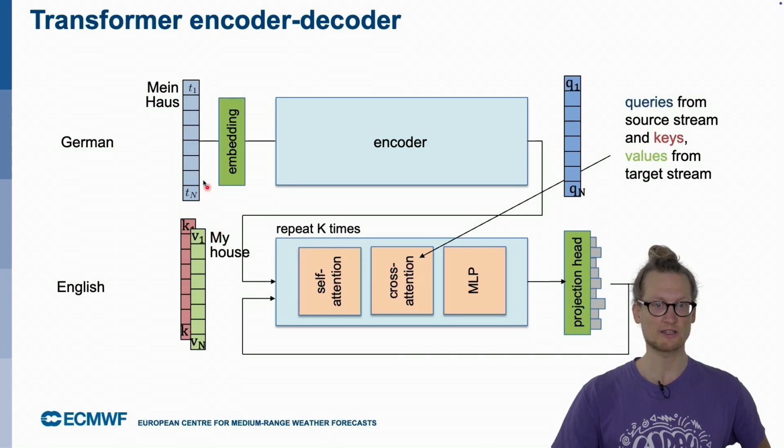You would find the link between "mein" and "my" by just taking the queries from the encoded latent, and then trying to find the similarities of a target language.